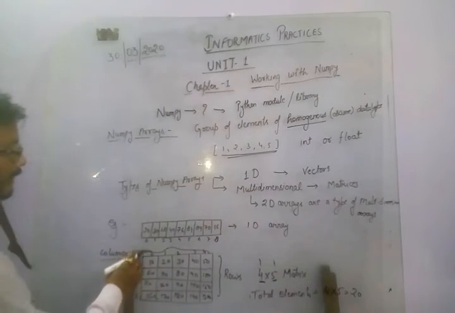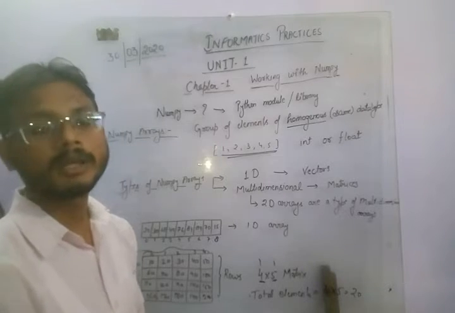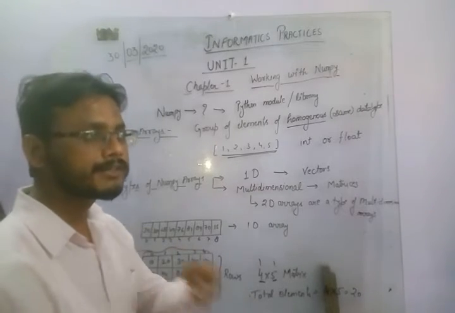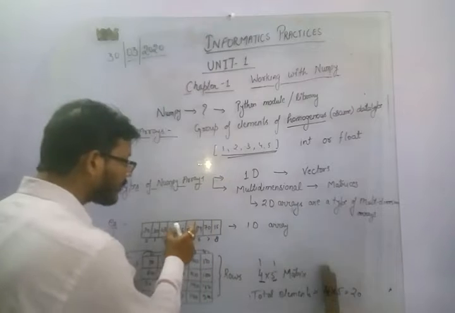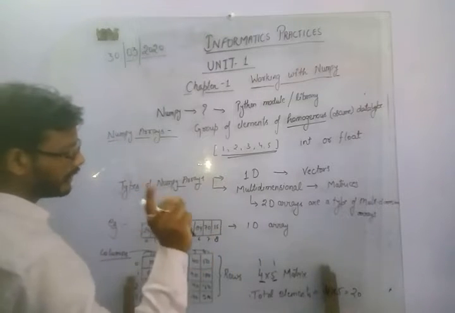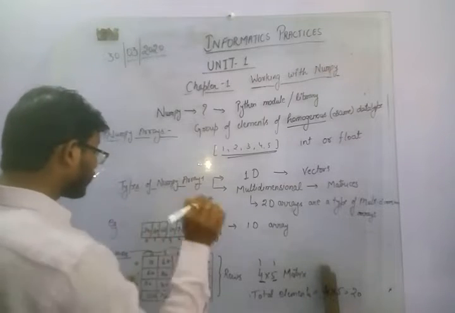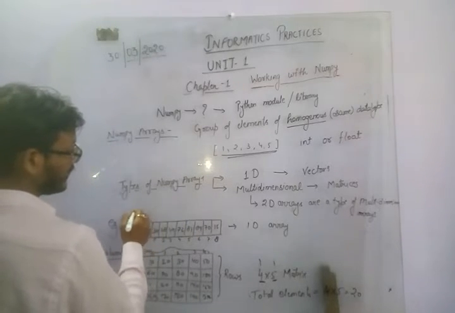Now index values are very important in two dimensions as well as one dimension, because through this index value we can extract any element of the one-dimensional or two-dimensional array. For example, if we have to extract, suppose the name of this array is data.